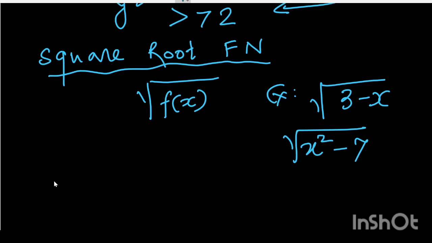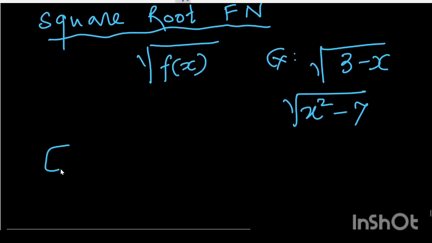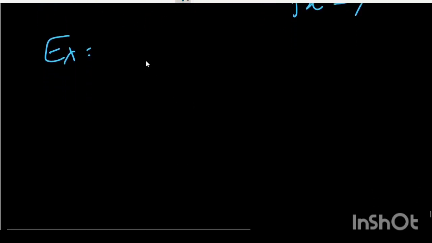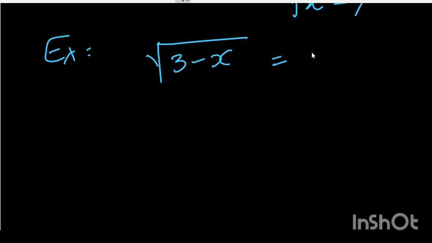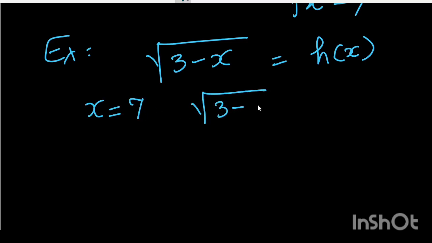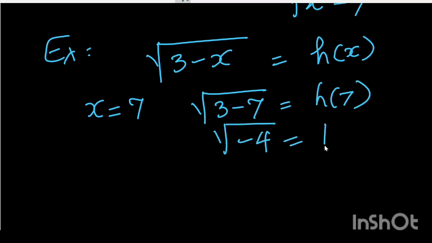Now, for example, take this function root 3 minus x, guys. Let's say this function is defined as hx. Now, if I substitute x equals 7, what value will I get? h7. As you can see, it is under root of minus 4, which is not a real number.